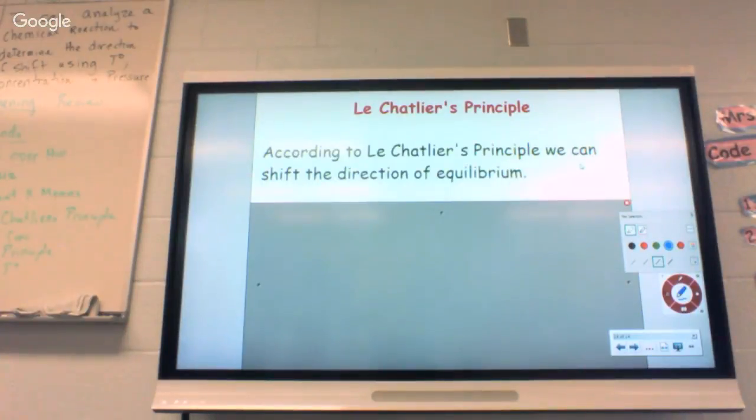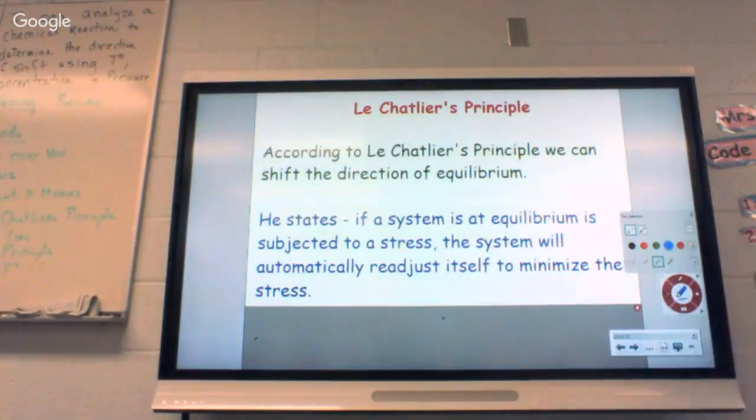Okay. If you can't tell me what Le Chatelier says, or say it in your own words, you need to write what's in blue right there. If you can't tell me what Le Chatelier said in your own words right now, you don't have a clue. You need to write that down again.